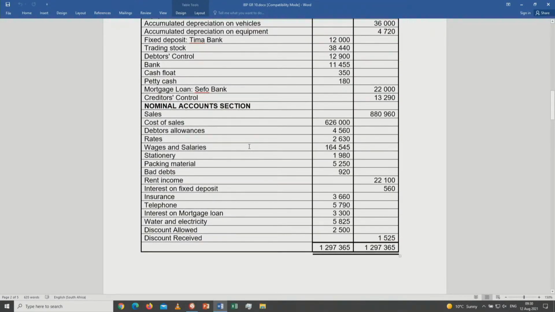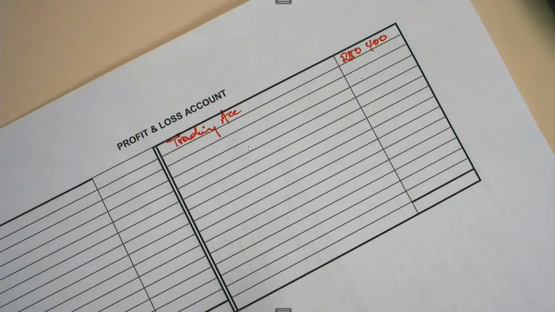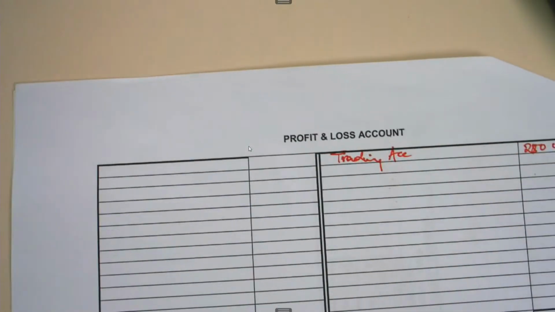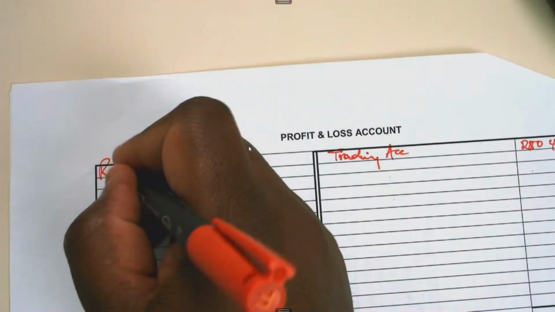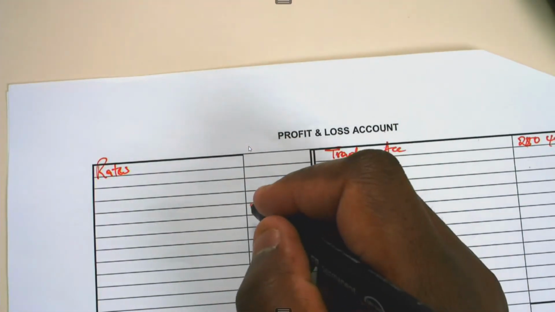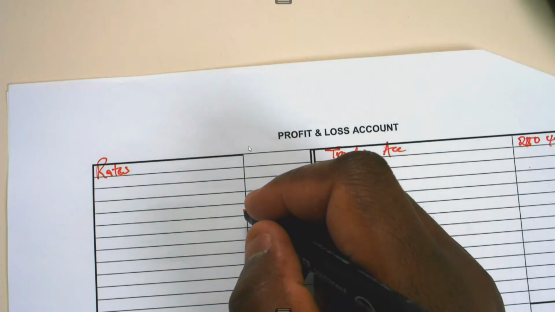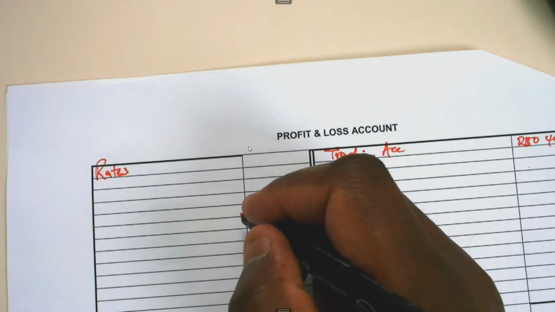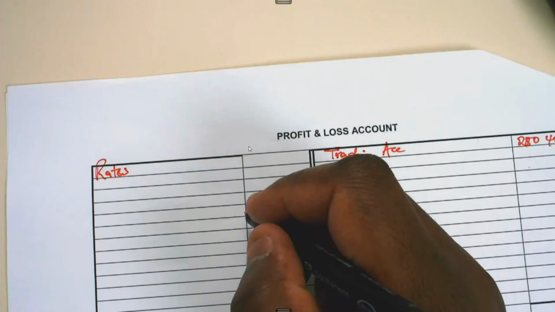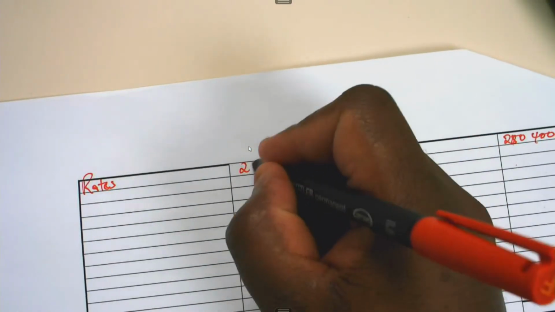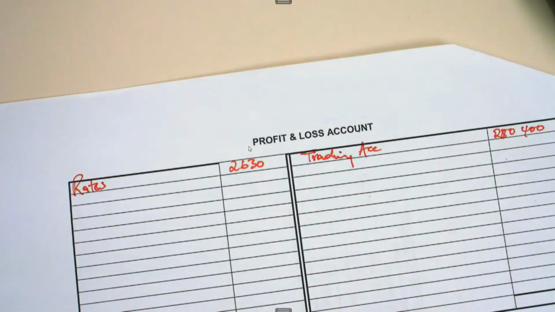On the debit side of our profit and loss account, that's where you'll record your expenses. So here it will be rates, and then how much? Rates, 2,630.